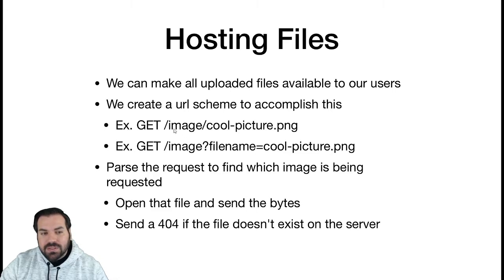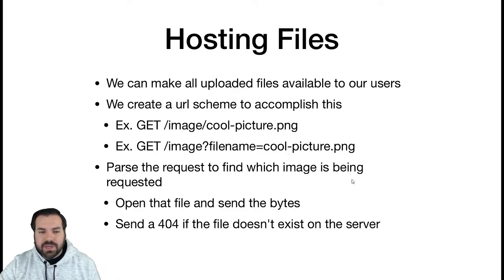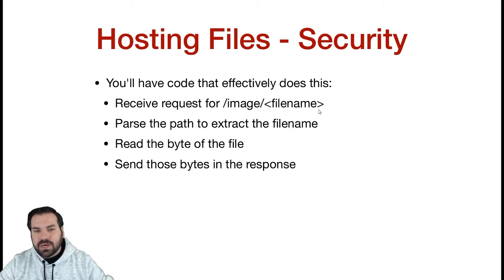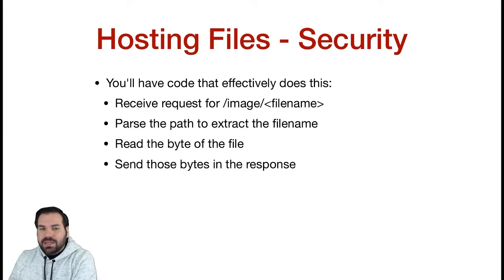No matter what you do, you'll have some path that takes an image name, a file name. What you're going to do is parse this request, figure out which image is being requested by that file name, go to your hard drive, open up that file with that name, read the bytes of it, and send the bytes of that to the user.